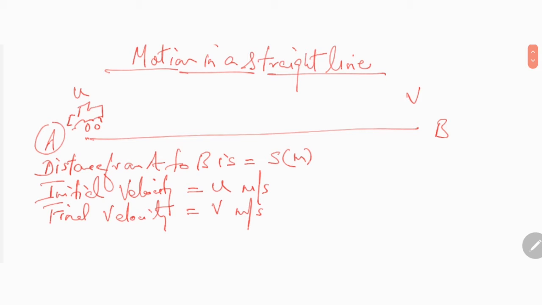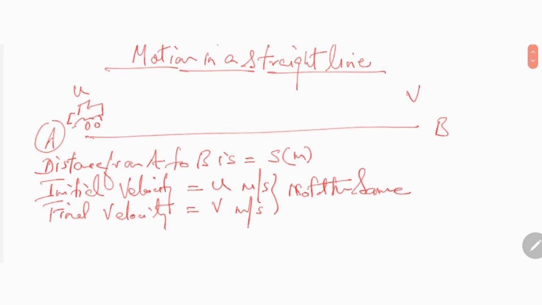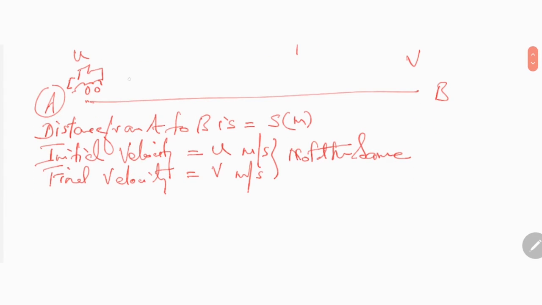If you look at this, the initial velocity and final velocity are not the same. So what that basically means is, this car over its journey from A to B accelerated.